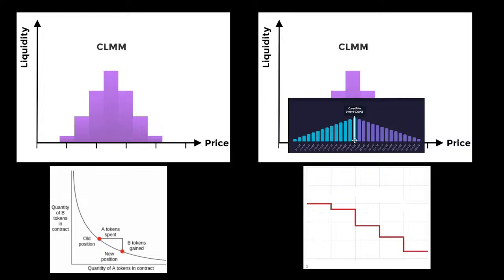And then when the price shifts from one bin to the next bin, there is some small slippage. So instead of this continuous slippage, this is not a model which completely eliminates slippage from our transactions, but it is a model which reduces slippage significantly.